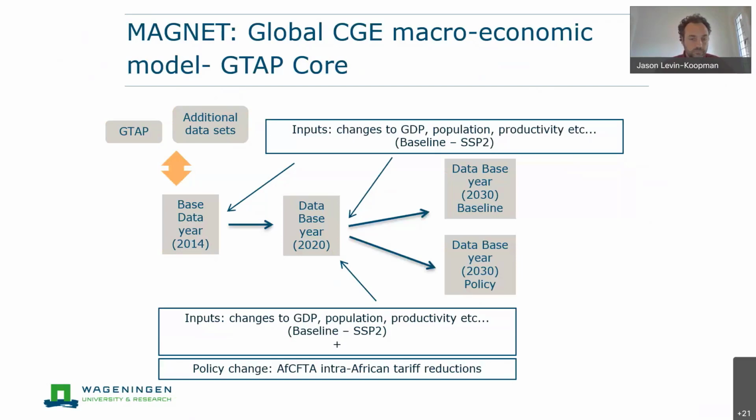Population remains exogenous. Then we have this policy scenario, which is run in the 2020 to 2030 period, where we implement the AfCFTA. And in this case, the AfCFTA is much simpler than in the previous few presentations. We are only focusing on tariff reduction, so it's much more basic.